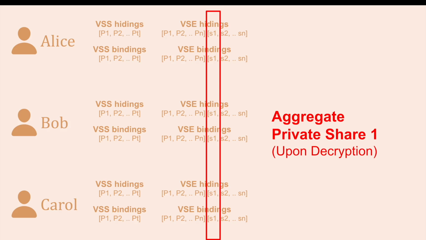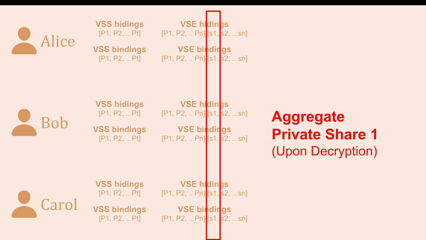It's known by everyone. All packages are well known, right? So are the S values. The S1, S2, and Sn are public values, but they're encrypted so that only Alice, the intended participant, can decrypt them, but in a way that it's verifiable.